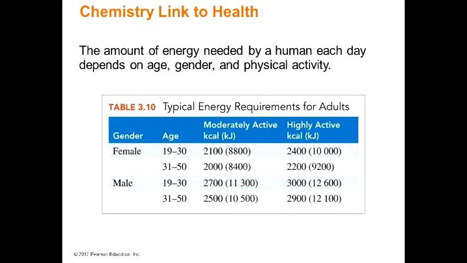All right, the amount of energy needed by a human every day, this is important. Take-home message here is that anatomical females and males tend to need different amounts. That is the bottom line that I need you to take home from this. Anatomical females and anatomical males tend to need different amounts, and they need different amounts depending on their age.